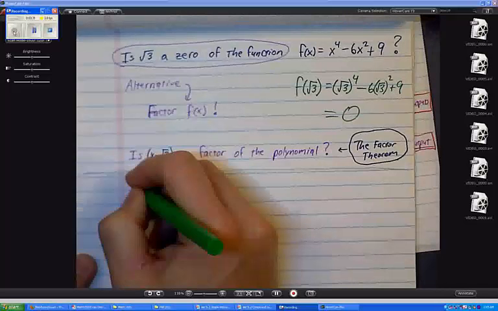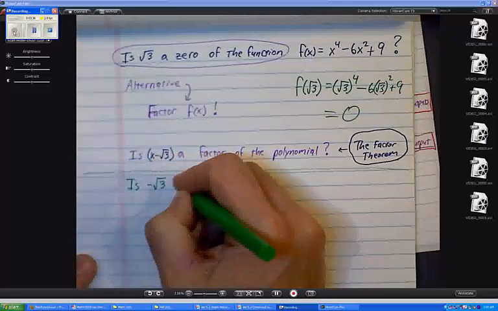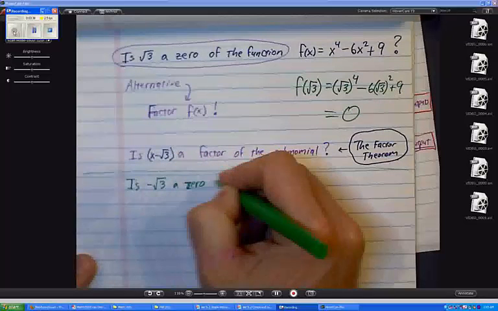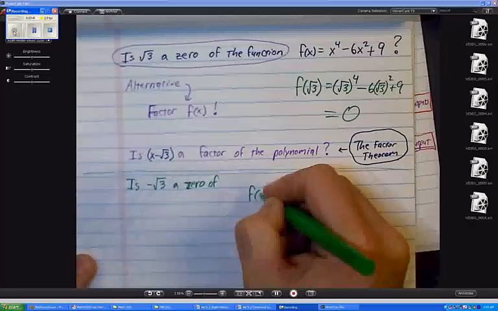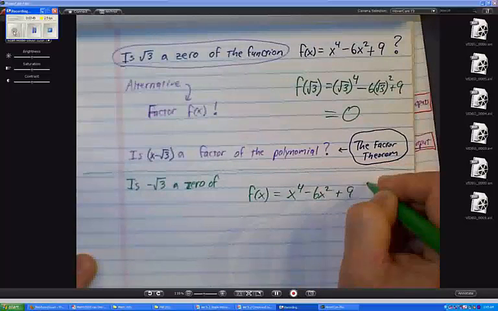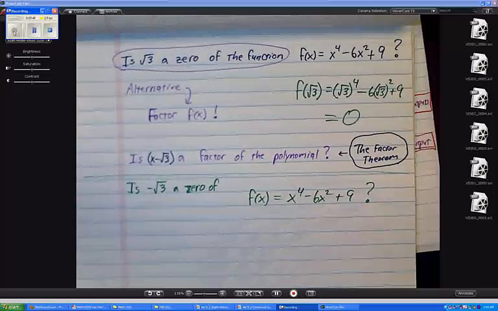All right, so let me ask you guys this question. Is negative square root of 3 a 0 of the function f of x equals x to the 4th minus 6x squared plus 9? Negative square root of 3.